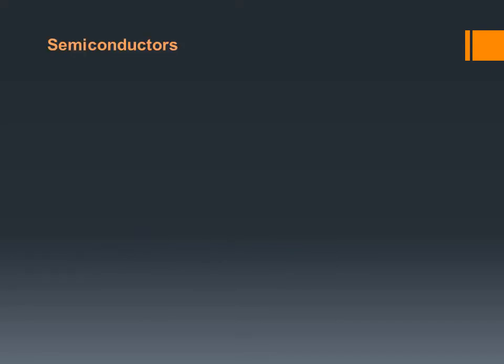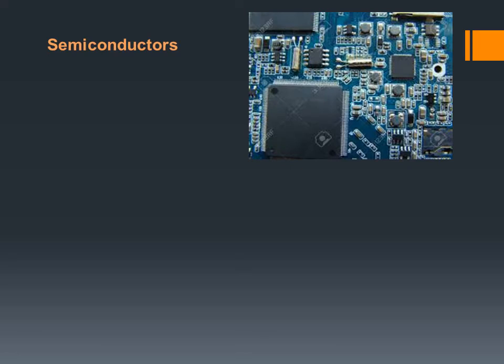Now, semiconductors. Perhaps you know about the semiconductors. Let us discuss it here. So you know, semiconductors have a wide range of applications in microelectronics devices. They have been widely used.